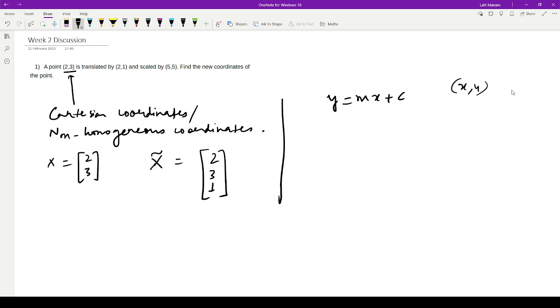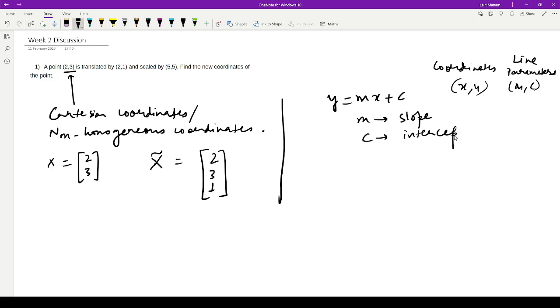And what are the line parameters here? m and c. These are coordinates, these are line parameters. And m denotes what? Slope of the line. And c is the intercept on the y-axis, where it cuts the y-axis. So it's something like this. If you have a line like this, maybe I should change colors.